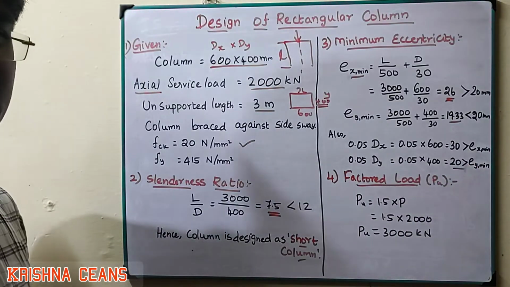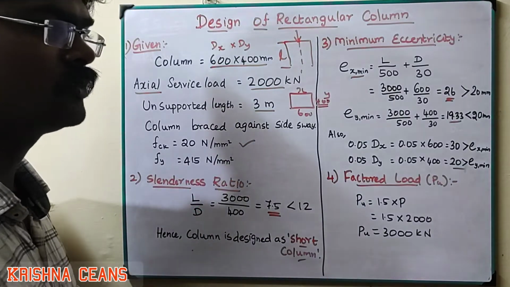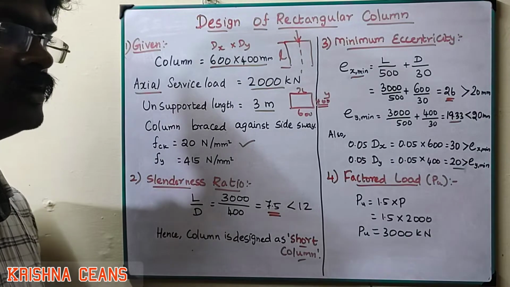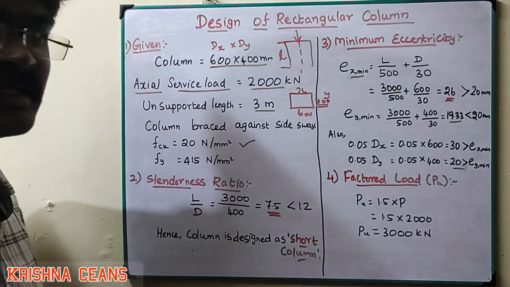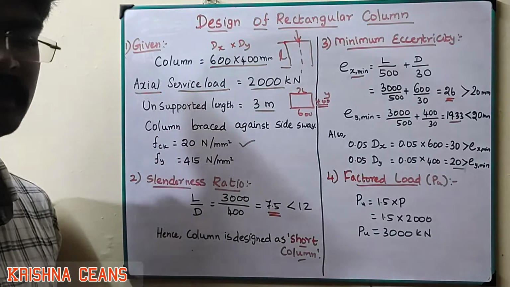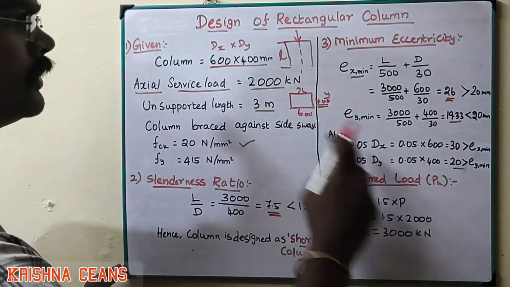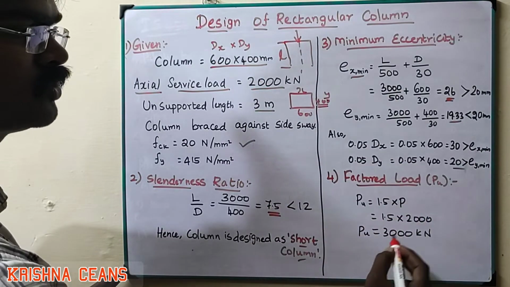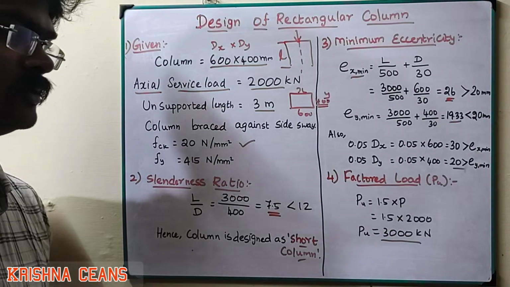So both are greater than the minimum eccentricity, and we go for the Pu formula. In our data, they provided only the axial service load, so we have to convert it into ultimate load. So Pu equals 1.5 times the axial load, that is 1.5 times 2000. We have to apply 3000 kilonewton as the Pu value.